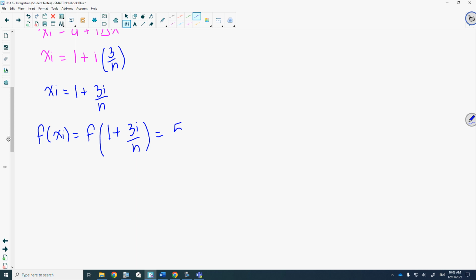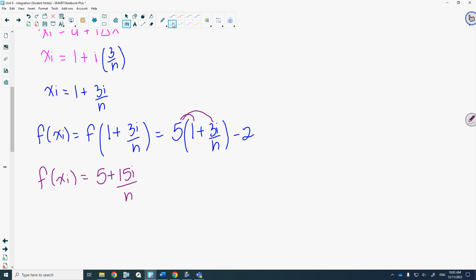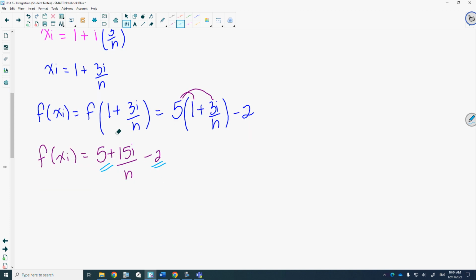So I'm going to have 5 times x sub i minus 2. Let's distribute this 5 inside. And we're going to get 5 plus 15i over n minus 2. And then I'll get 3 plus 15i over n.